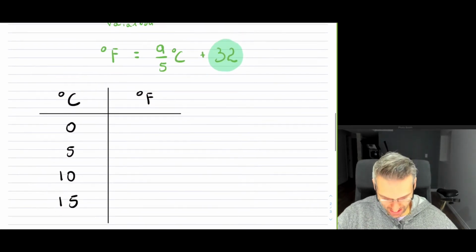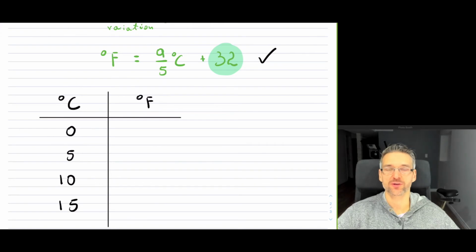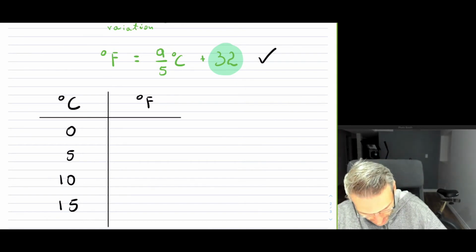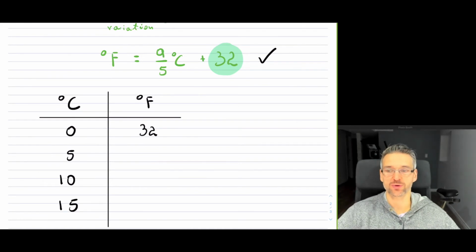If you take these and input them into your partial variation equation, then if we substitute 0 inside there, 9/5 times 0 is just 0. And our answer would have been 32 degrees Fahrenheit. That's what we would have there.